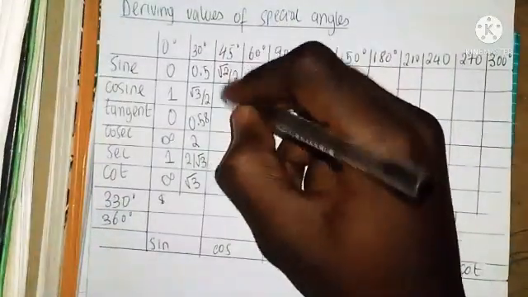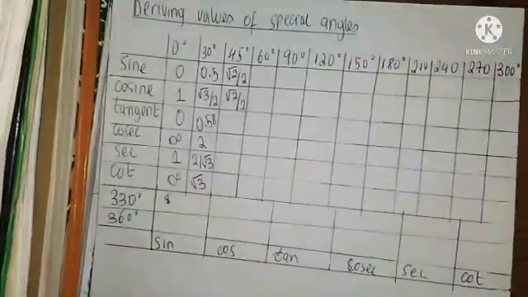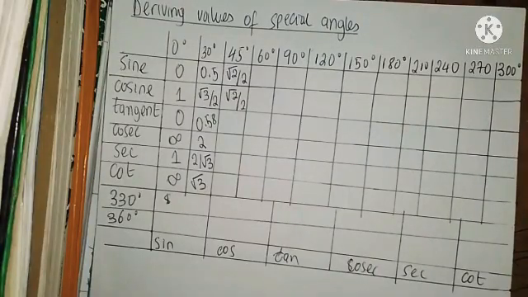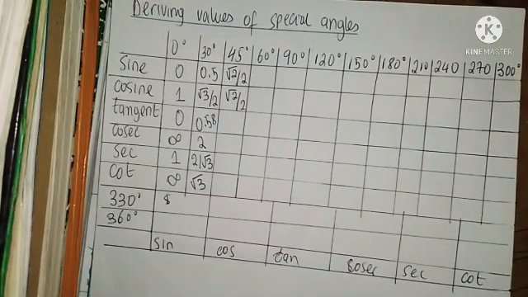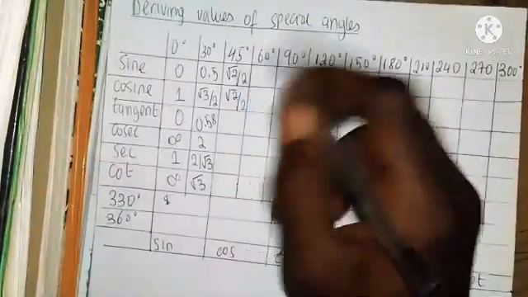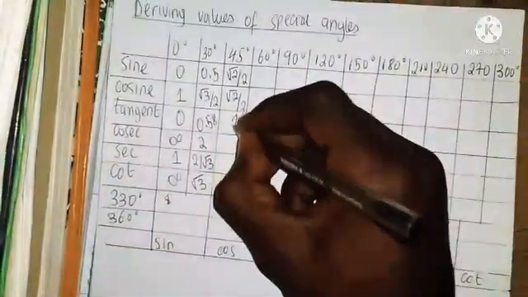So for cos 45, we have root 2 on 2. Tan 45, we have 1, because dividing two values that are the same will give you 1, and again taking opposite over adjacent, you're going to have a 1.